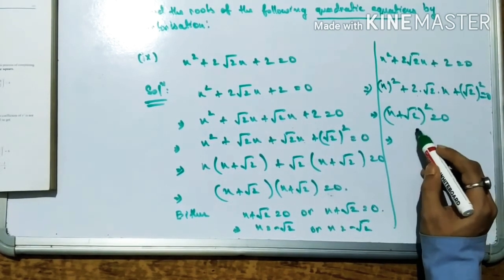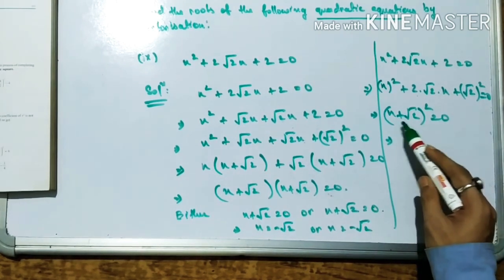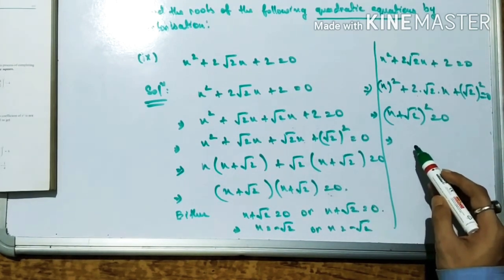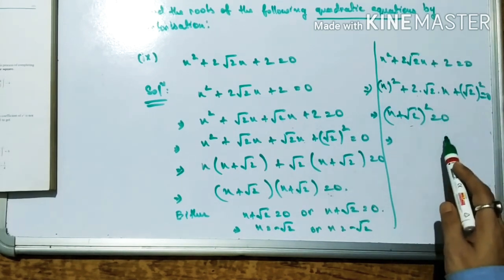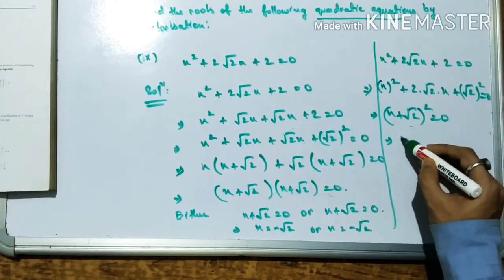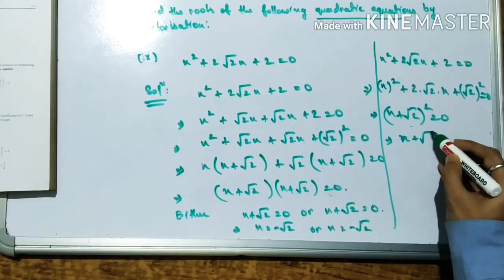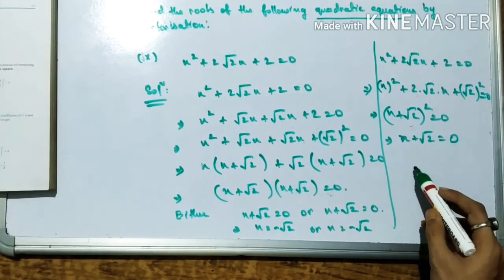So therefore x plus root 2 the whole square is equals to 0, taking square root both sides, I will get x plus root 2 is equals to 0.